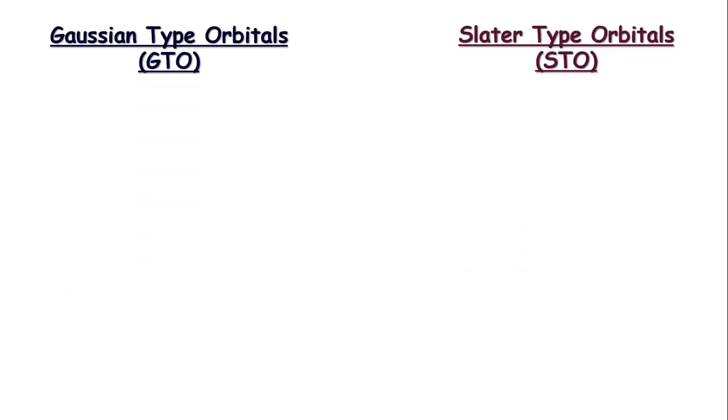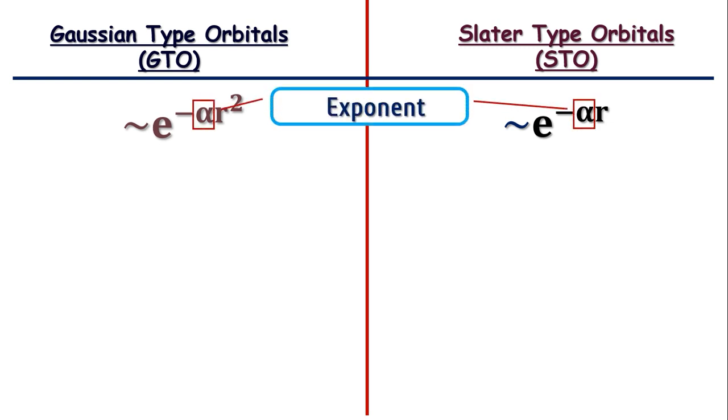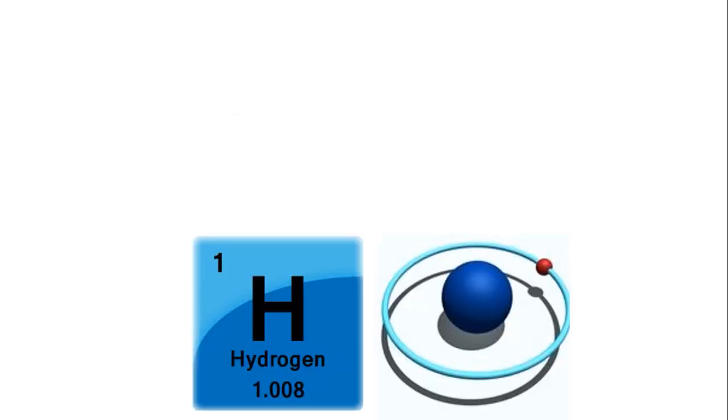GTOs vary as e to the power minus alpha r squared, whereas STOs vary as the exponential of negative alpha r. Of course, alpha is just the exponent, which can take different values. Now, let's take a look at the 1s orbital of the hydrogen atom.